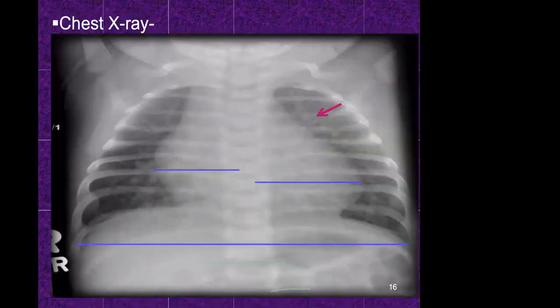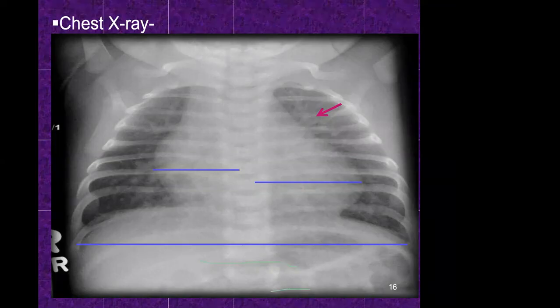And what do you see in the chest X-ray? So what do you notice in this? I have already given you all the hint as well.